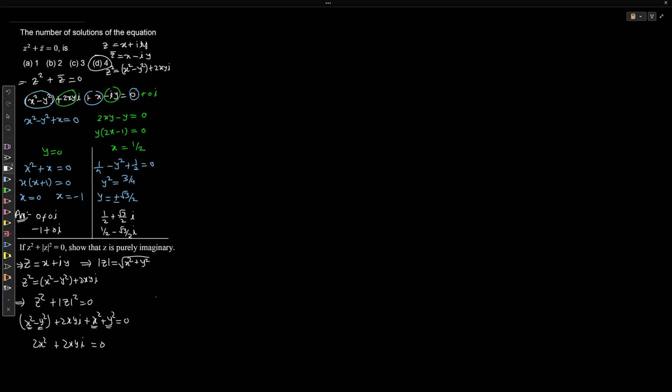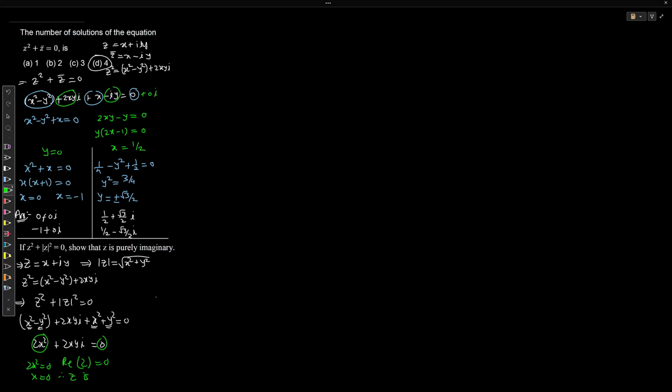Right? So by comparing real parts, we will get 2x square equal to 0, or we can say x is equal to 0, which is actually the real part of z being 0.